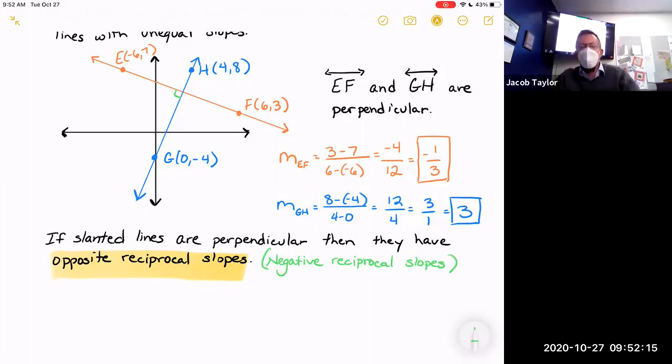If it's positive, you make it negative. If it's negative, you make it positive. So far, so good?